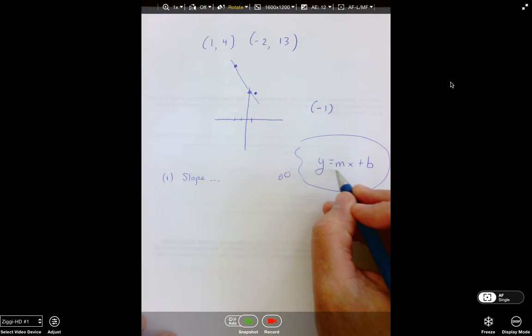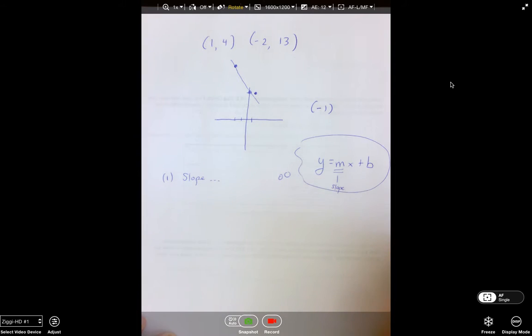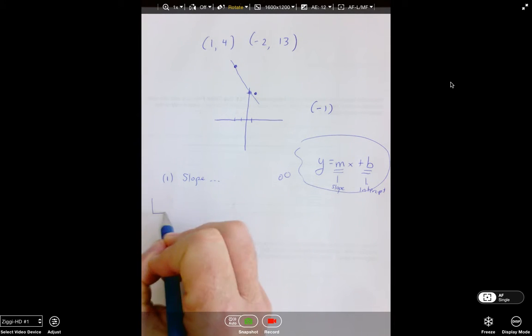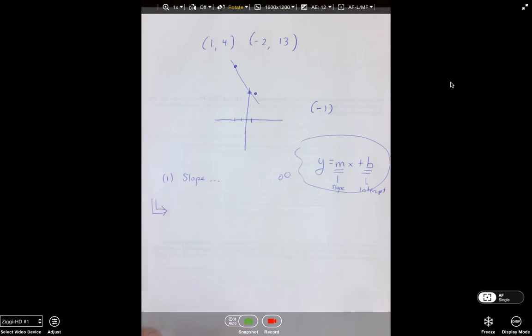So guys, remember the number that goes in front of the x is referred to as the slope, and the number that goes without the x is called the intercept. So the very first thing I'd want to do here is I'd want to find the slope.